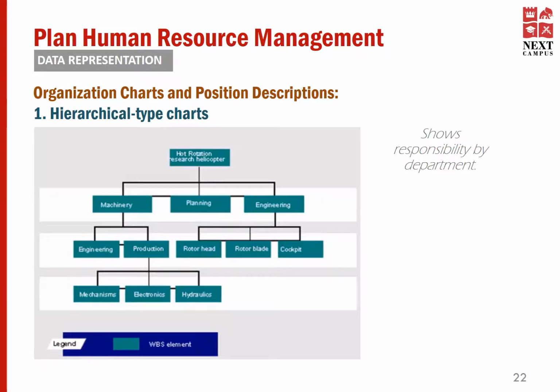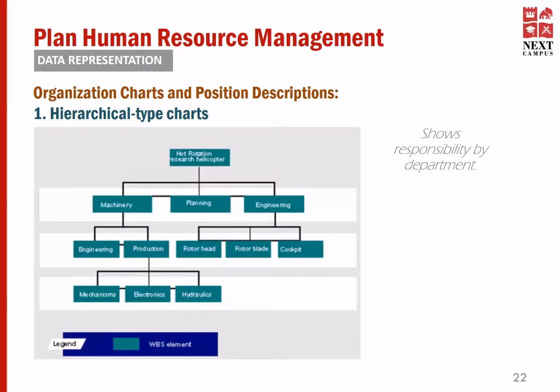What you see on the screen is a hierarchical type chart. Hierarchical type charts are used to show positions and relationships in a graphical top-down format. Examples of hierarchical type charts are the organizational breakdown structure, also known as OBS, and the resource breakdown structure, also known as RBS.